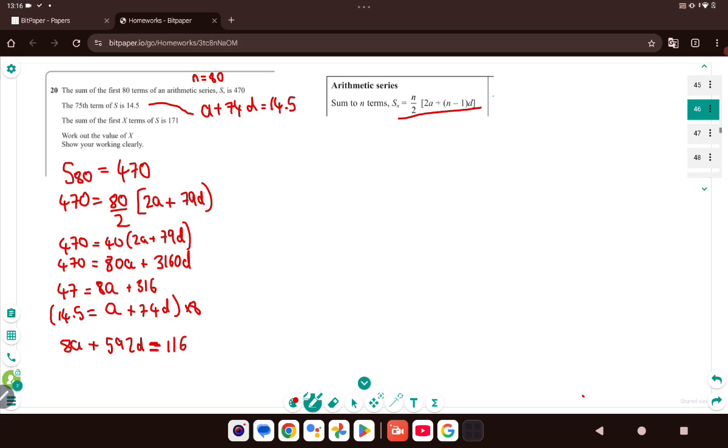And then we've got 8a plus 316d equals 47. I'm going to subtract, which will eliminate the a's, because 8a take away 8a is 0.